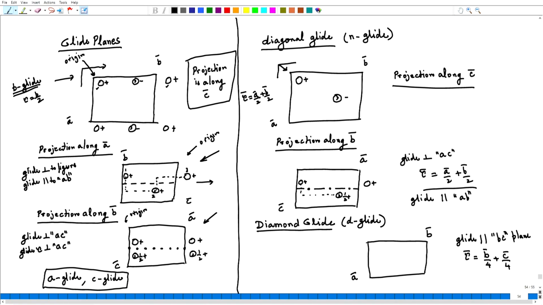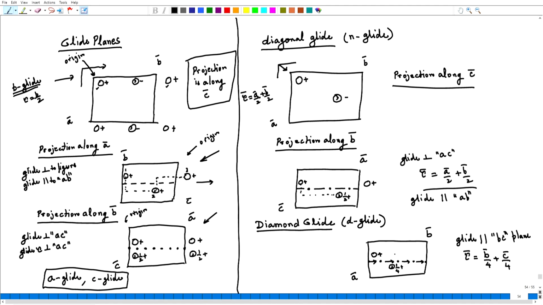So, to represent this glide, we represent it by arrows and dots, to get this glide plane like this. Now, if I put a motif, reflect and move b by 4 horizontally and then c by 4 vertically up. So, handedness changes and we move 1/4 up. So, 1/4 plus, reflect again.